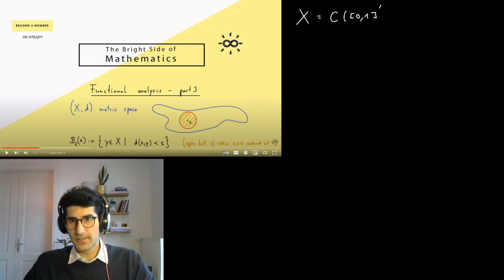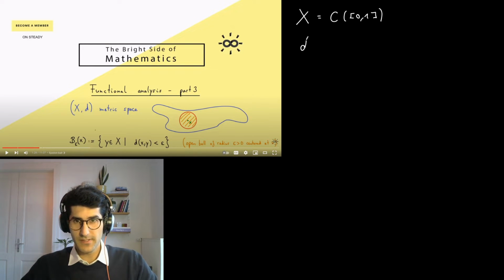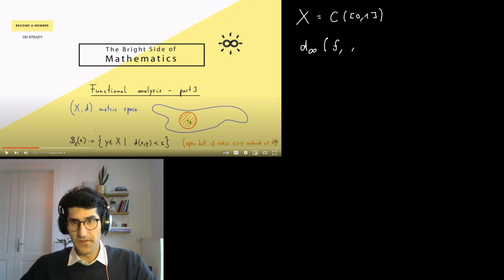We want to take the continuous functions on the unit interval 0, 1. One notion of distance that we have for continuous functions is given via the metric d infinity, or the supremum or maximum metric in this case.